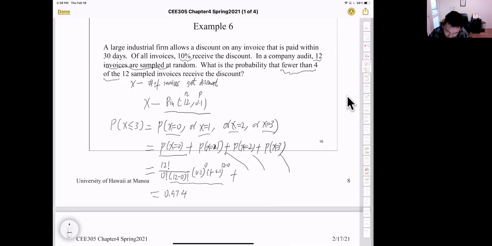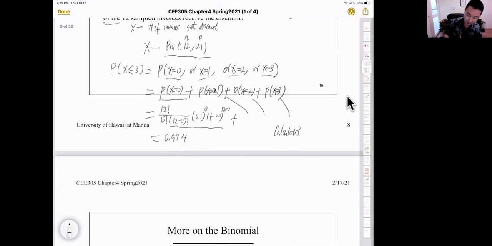You can use your calculator, or the table from your textbook, which is table 8.1, I believe. So you see, right after you figure out what type of distribution a certain experiment follows, you can easily calculate the probability. Questions so far?